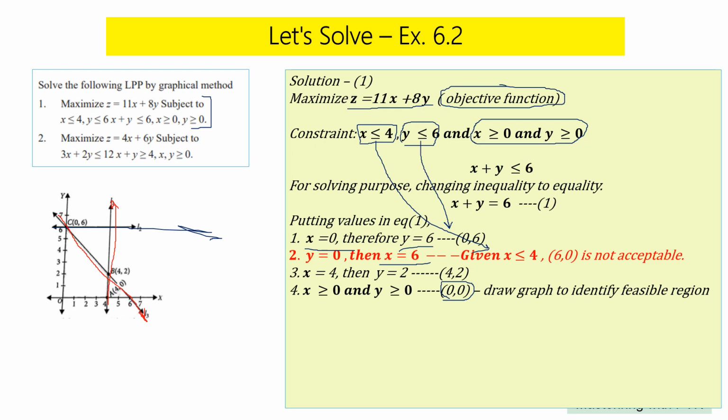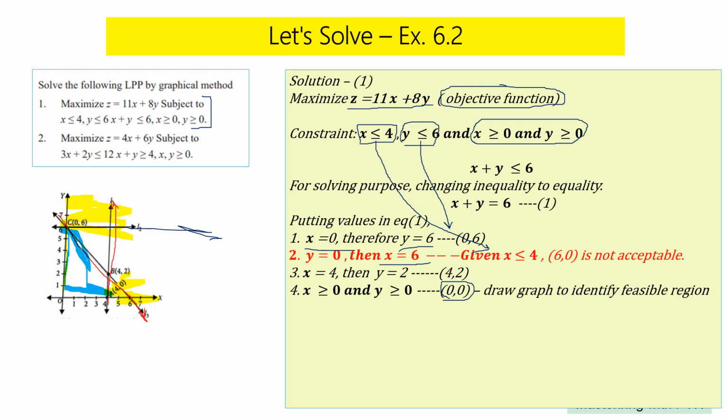Now, based on the given constraints, any zone in this area or above 6 is not acceptable. Our feasible region is this.